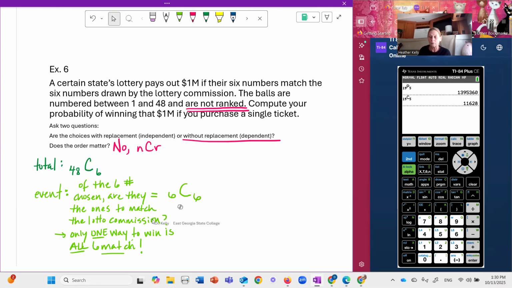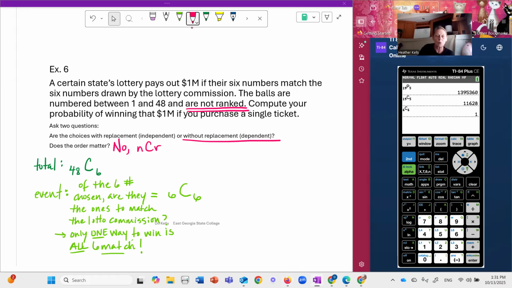Now let's do that here: math, probability, down to choose, 6 choose 6. That's 1, because there's only one way that can work. They have to all match. If order doesn't matter, that means the 6 numbers I chose have to be the same 6 numbers that they chose. If order matters, there's a whole lot of other options, because what if I chose the third number and they chose it first? So when order doesn't matter, there's only one way to do something.